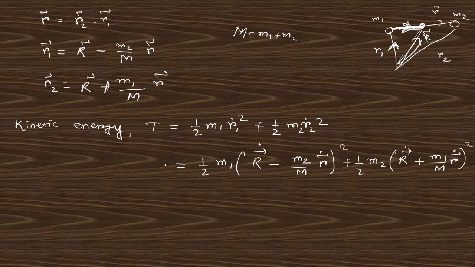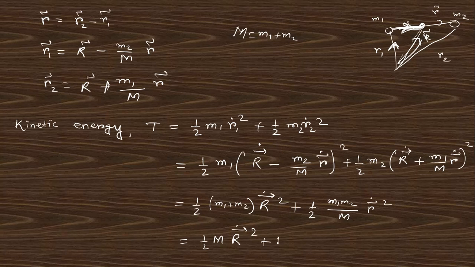Clear? If you rearrange, you get the equation half m1 plus m2 R dot square plus half m1 m2 by capital M into r dot square. This can be written as half total mass M R dot square, and this as half mu r dot square.